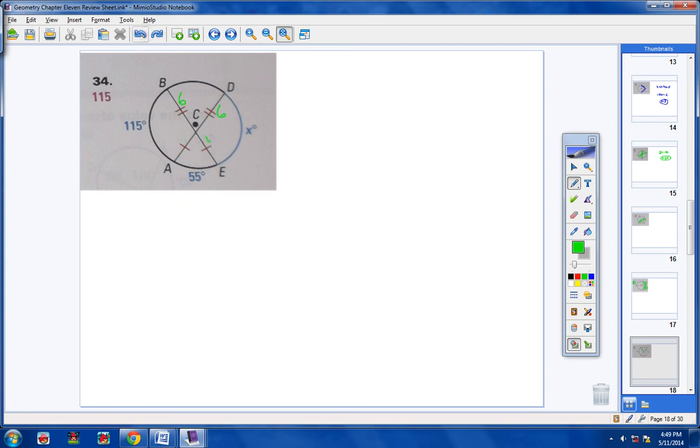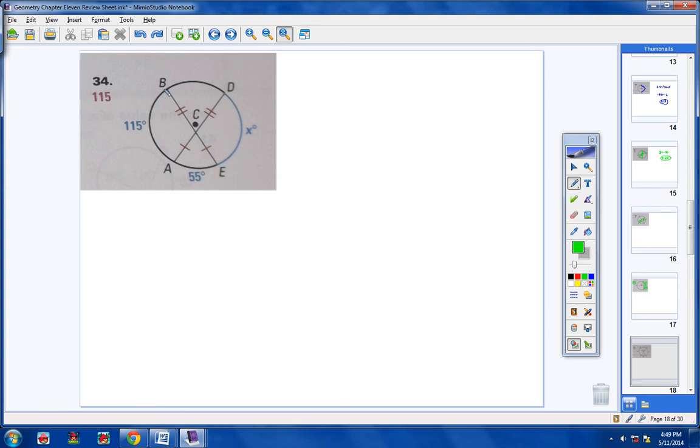So we have 2 chords that are congruent that are intersecting inside of a circle. So, with that in mind, anytime 2 minor chords are congruent, then their corresponding arcs will also be congruent. So, watch this very, very carefully, please, okay?